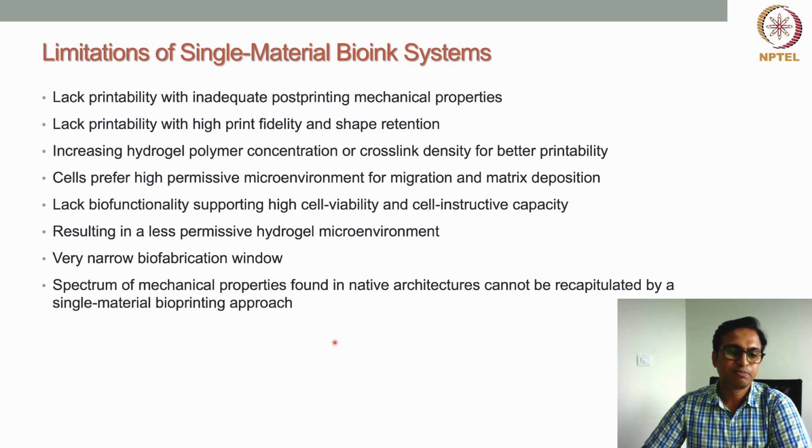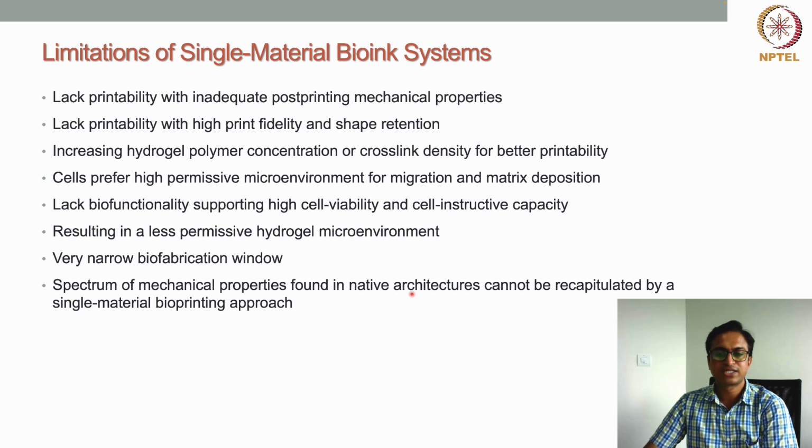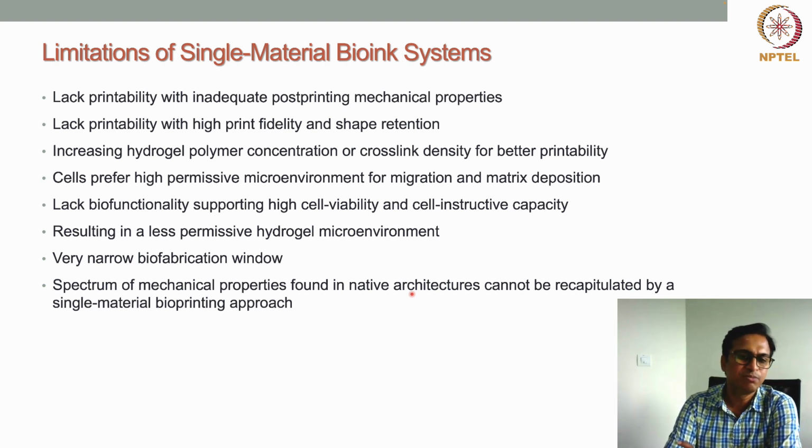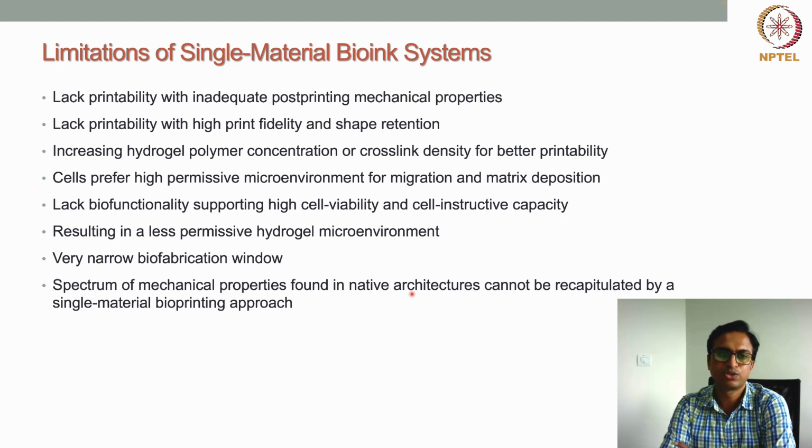But the spectrum of mechanical properties generally found in native architectures cannot be recapitulated by a single material bioprinting system. Because of this, we cannot tune the material in such a way that printability, shape retention and mechanical property can all be achieved by a single material bioink system.